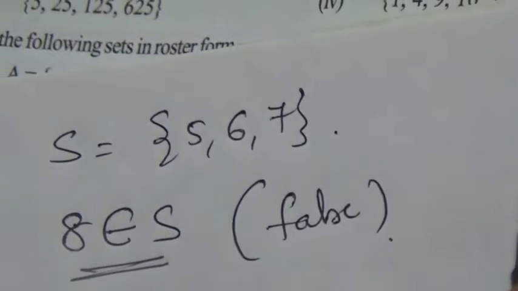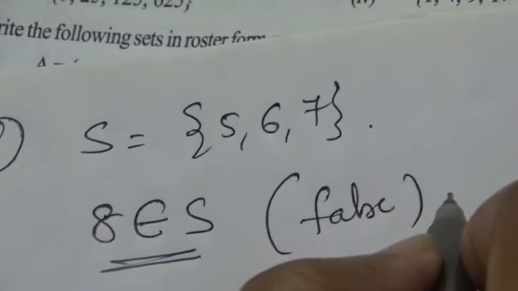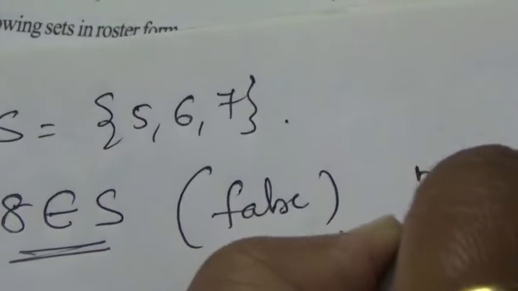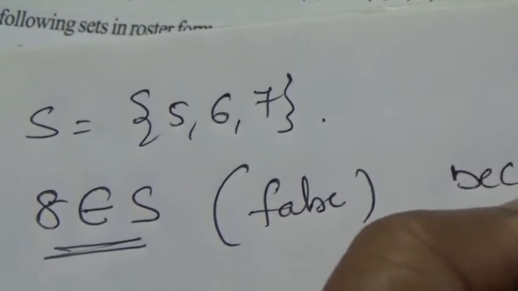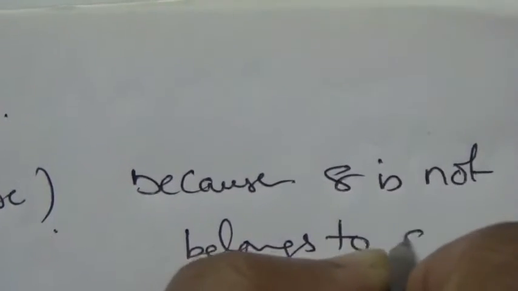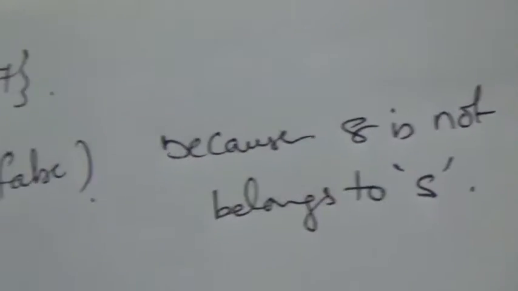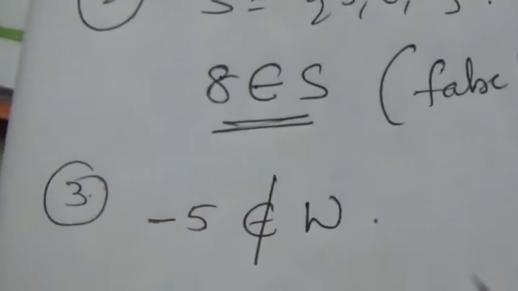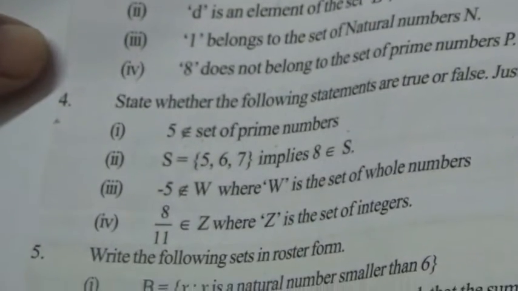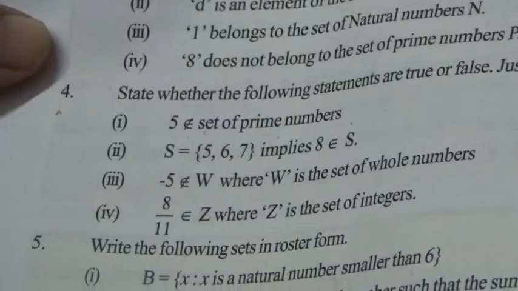Why? What is the justification? Because 8 does not belong to set S. So the third one, minus 5 does not belong to W. W is the whole numbers, which start from 0, 1, 2, 3 and so on.